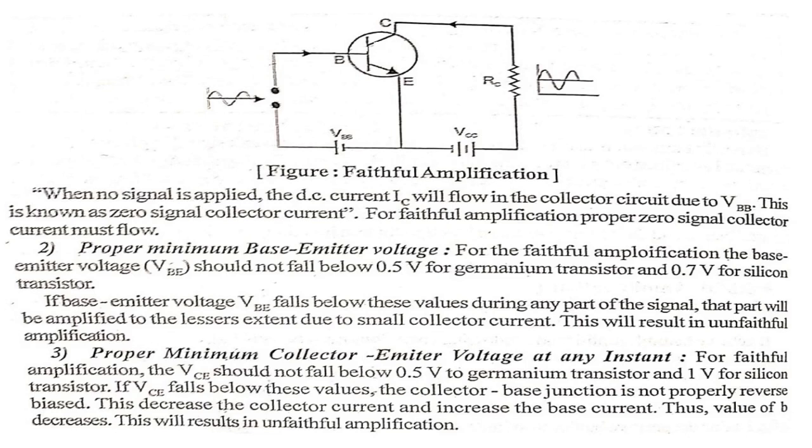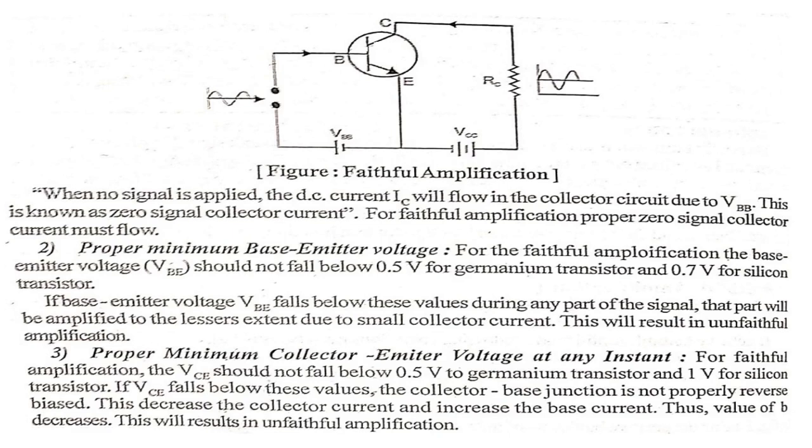Therefore, with an input signal applied to the base, a very small change in base current produces a much larger change in collector current. Thus a small signal applied at the input terminal gives a very large signal at the output, at the collector of the transistor, as shown in the figure.